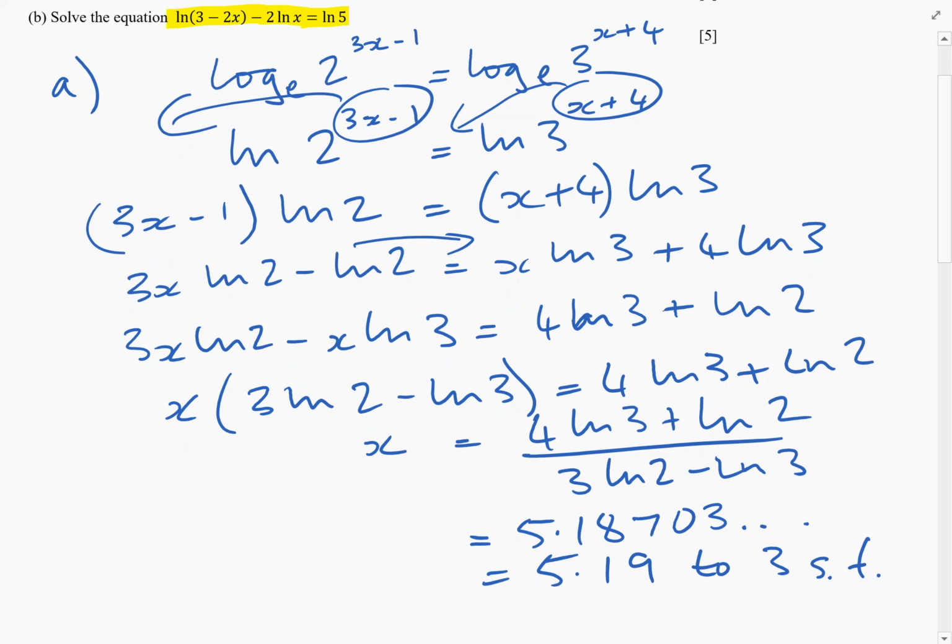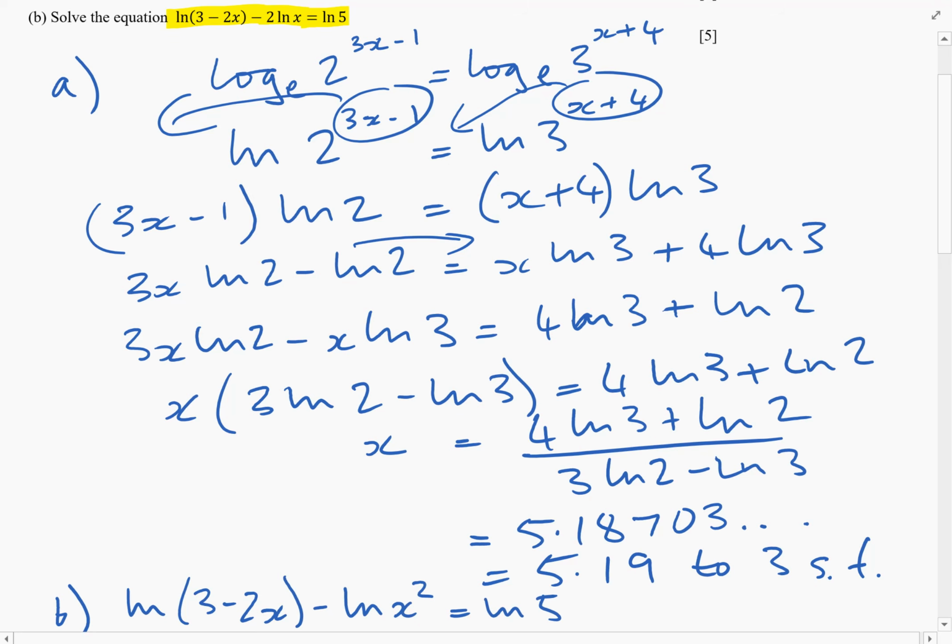So I'll just write that down here. Ln (3 minus 2x). Now I think it's going to be helpful to put that 2 with the x to make it ln x squared, and then that's going to equal ln 5 still.